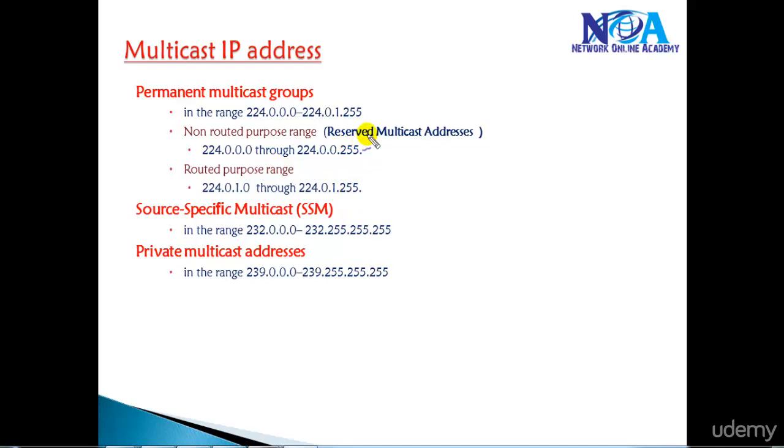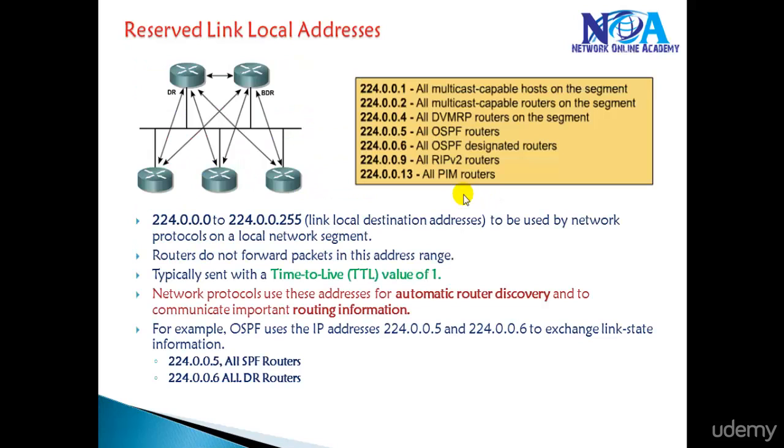The basic difference is that all the addresses starting with 224.0.0.x, where x represents any number from 0 to 255, are reserved for network protocols on the same local segment. Same local segment means these addresses will not be forwarded to the next routers, the default TTL value will be 1, and the routers do not forward packets within this range.